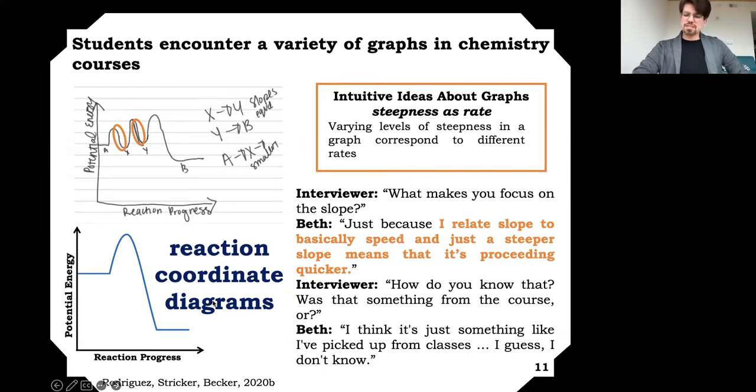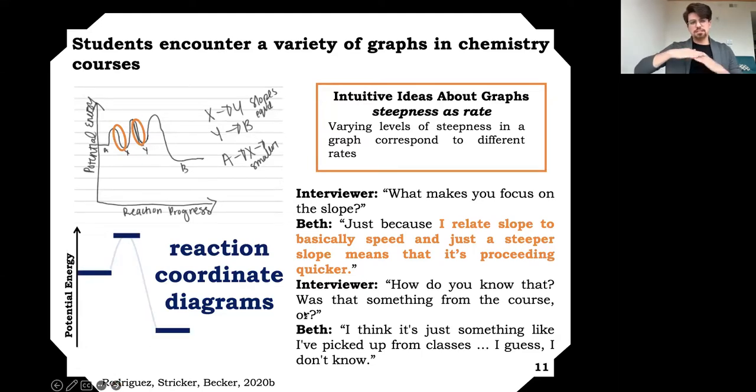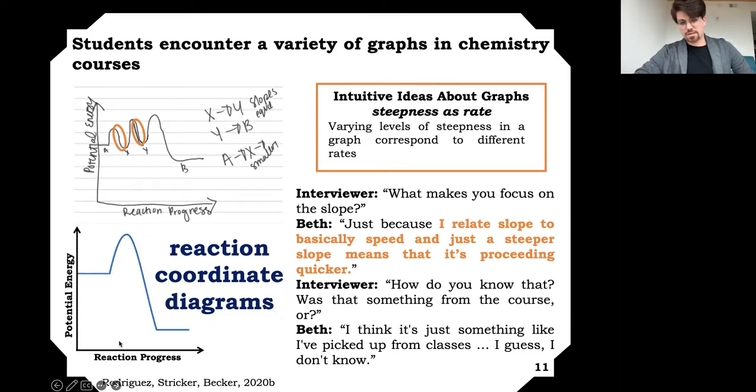And this is particularly a problem for reaction coordinate diagrams, just because of the way that we use them in large enrollment courses like introductory general chemistry or organic chemistry, where we're really just focusing on that vertical distance, that horizontal x-axis is less relevant. We're really interested in that difference in energy there.